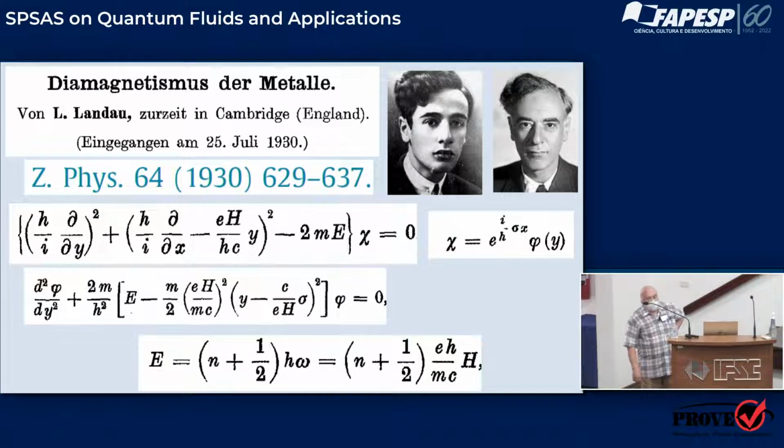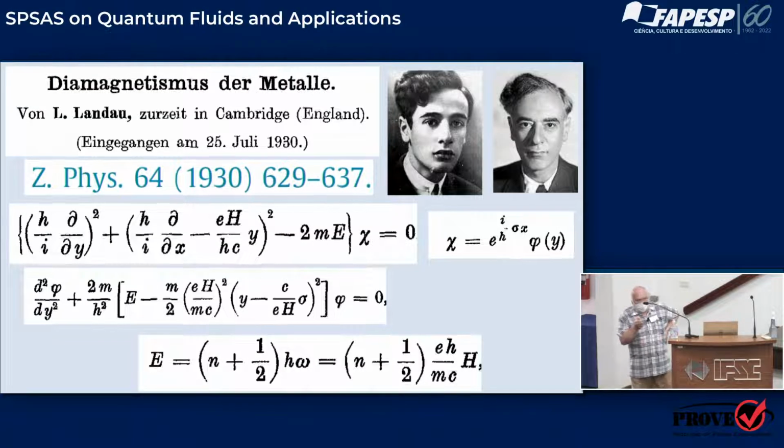And how did he solve the problem? First, he used another gauge of the vector potential, a gauge in which the vector potential has only one non-zero component.